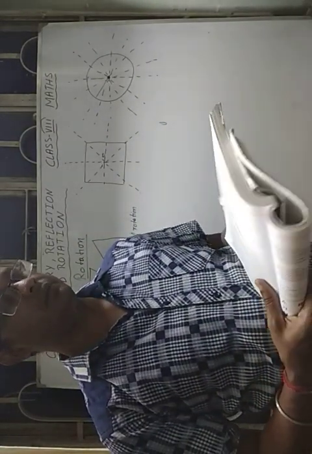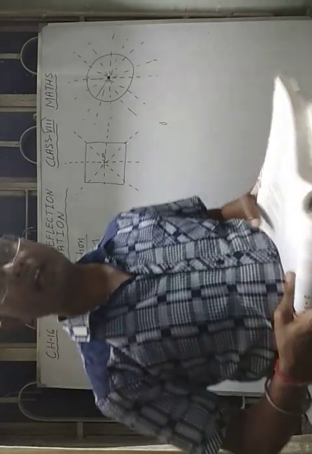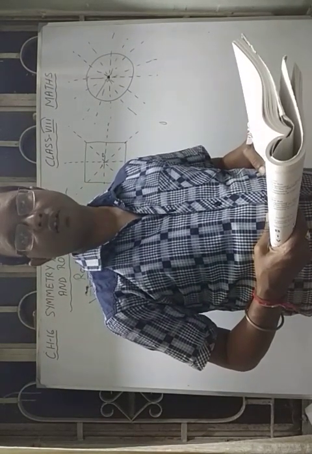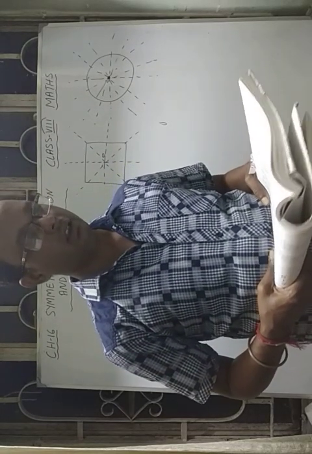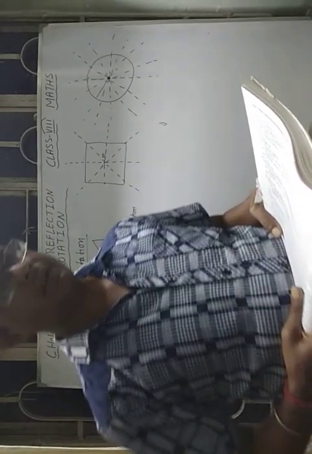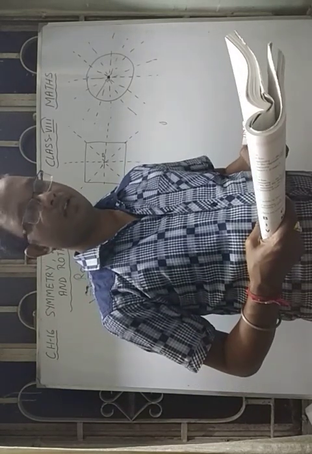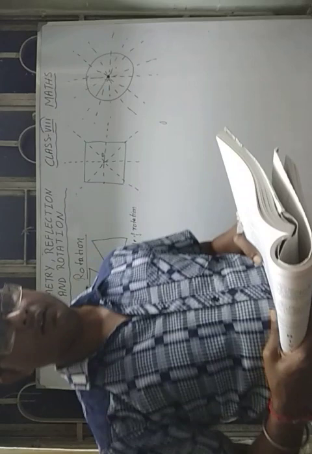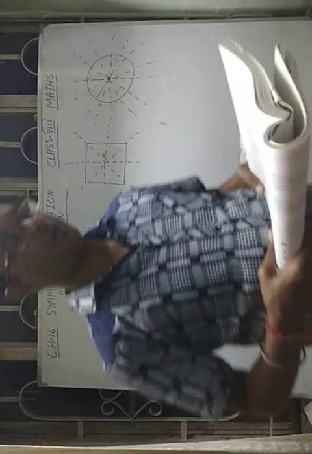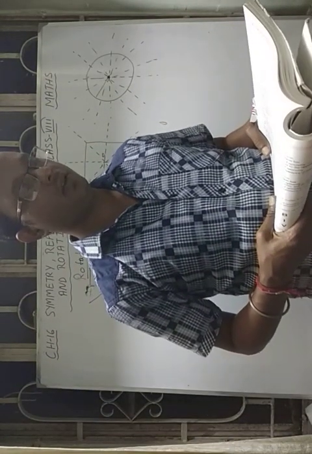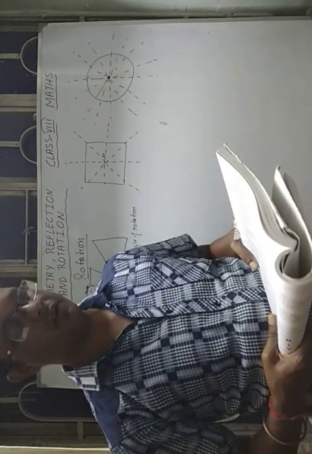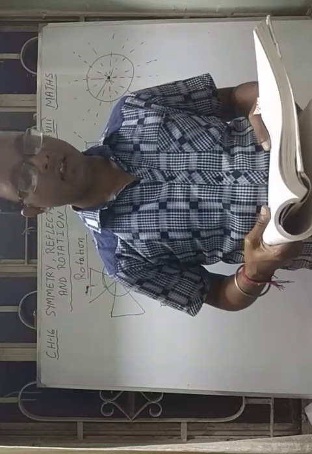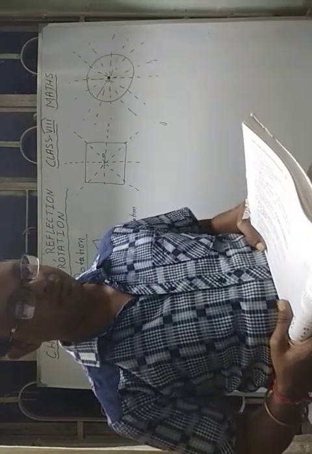Isosceles trapezium, only one line of symmetry, no point of symmetry, and it is also not rotational symmetry. Rectangle, 2 lines of symmetry, 1 point of symmetry. The perpendicular bisectors of 2 sides intersect at a point, and the diagonals' intersection is the only point of symmetry, and it is rotational of order 2.